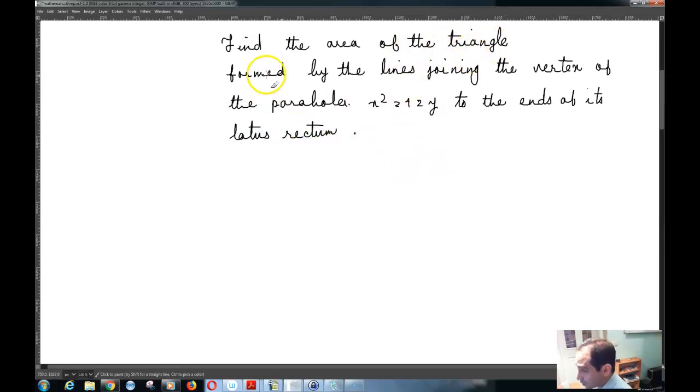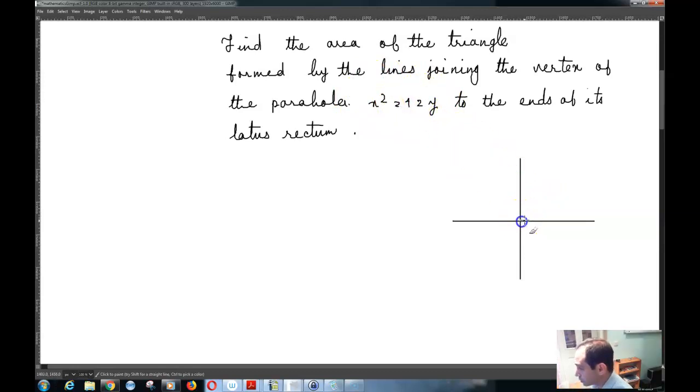So the area of the triangle formed by the lines joining the vertex of this parabola to the ends of its latus rectum. A parabola is basically something like this, alongside the circle, ellipse, and hyperbola.